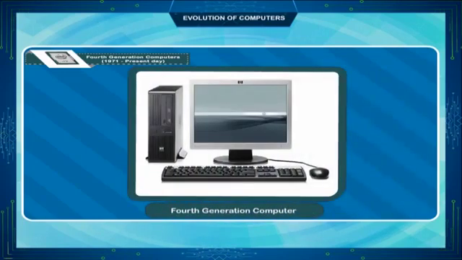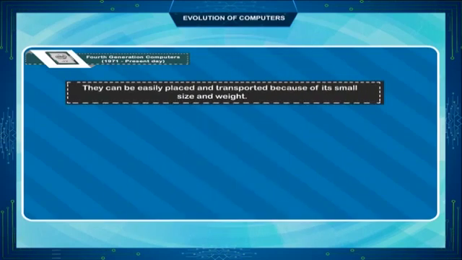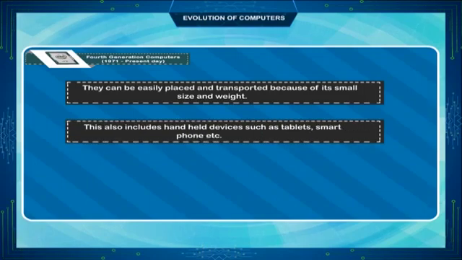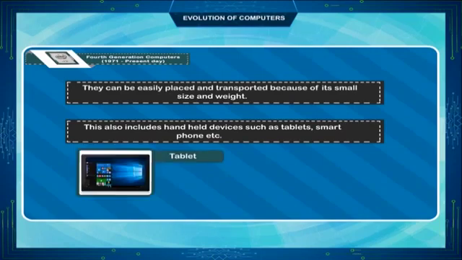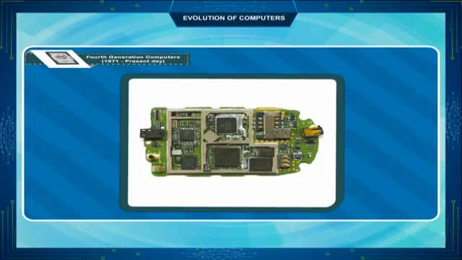These computers were cheaper, faster, more accurate, and reliable than any of the generations of computers before. They can be easily placed and transported because of their small size and weight. This also includes handheld devices such as tablets, smartphones, etc. They require very small-sized ICs and microprocessors.